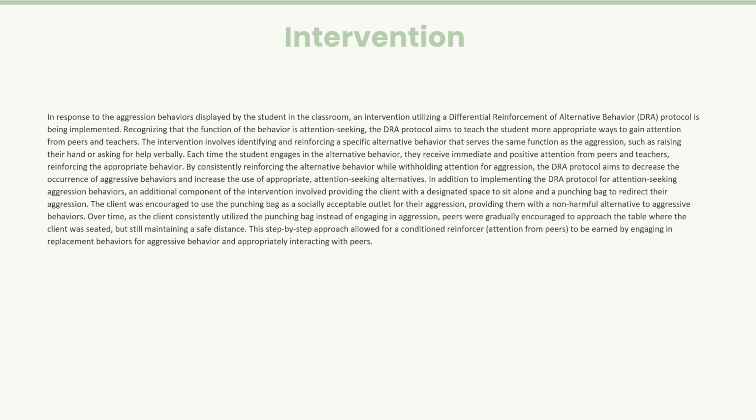We found that manipulating the environment to have her own seat that was farther away from the clients proved to be effective. We also found that being able to provide a punching bag was an effective way to get some of those aggressive behaviors to be a more functional behavior of hitting a punching bag when the client got a little overstimulated.